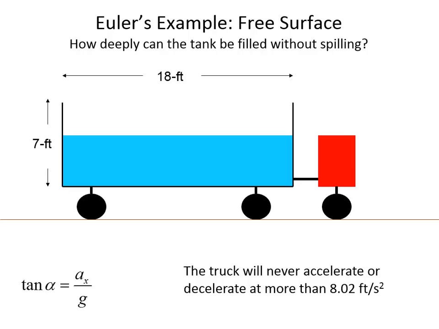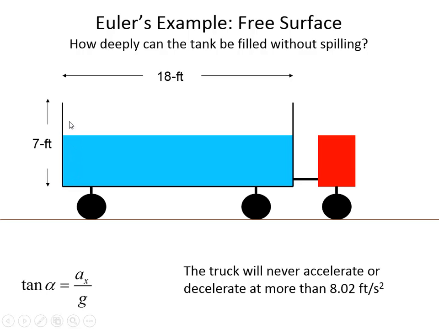You've got a tanker truck driving down the road, and it will never accelerate or decelerate more than 8.02 feet per second squared. Now, you can see we're in traditional units here. g in traditional units is 32.2 feet per second squared, and so it's not going to get to a 45-degree angle because it's never going to accelerate or decelerate as much as g, but it's going to have some angle to it as it's slowing down and speeding up, and we want to find out how deeply you could fill this without it spilling.